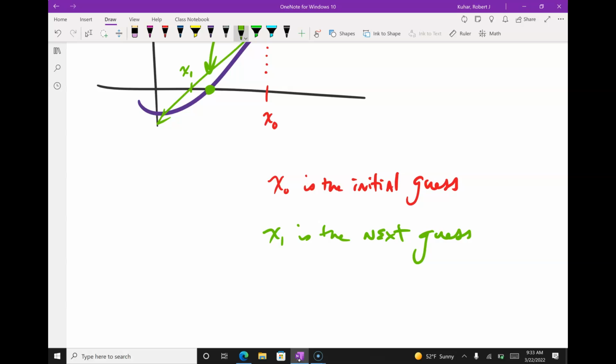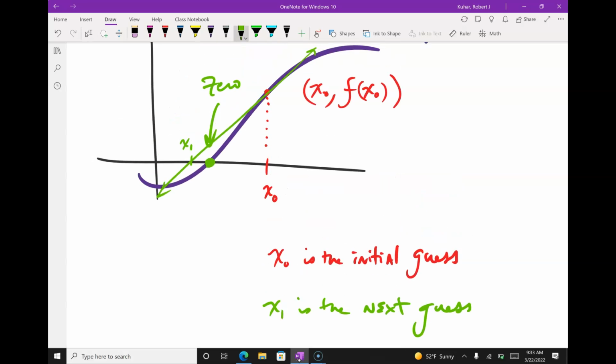Because what I'm going to do is repeat the process, rinse and repeat, right? So I go up to the curve to x sub 1, f of x sub 1, draw the tangent line, yes? And look at it, it's even closer now. So eventually this thing is going to run into the answer. So when I say square root of 2, on my calculator, I say square root of 2 with 5 decimal places.